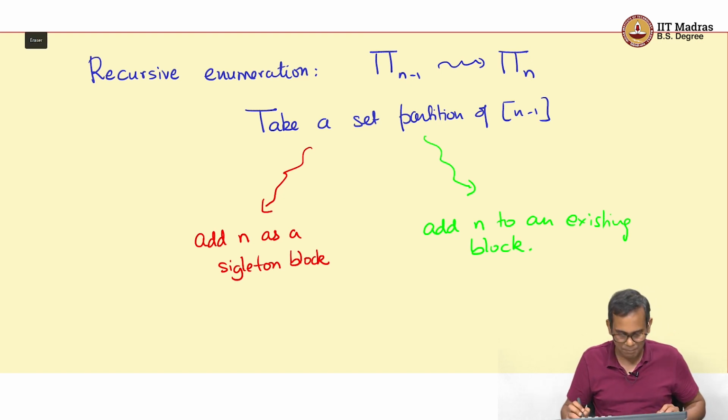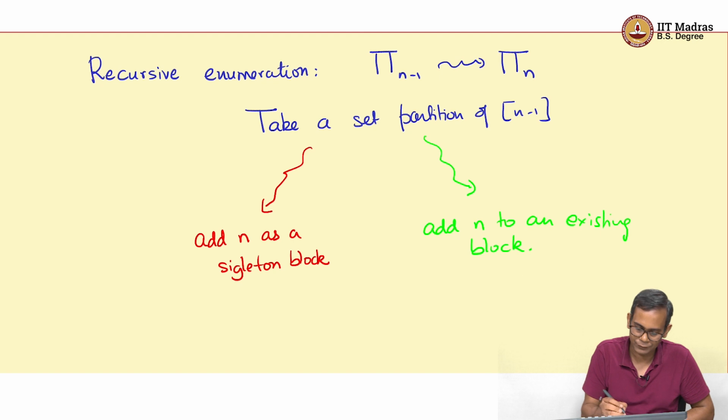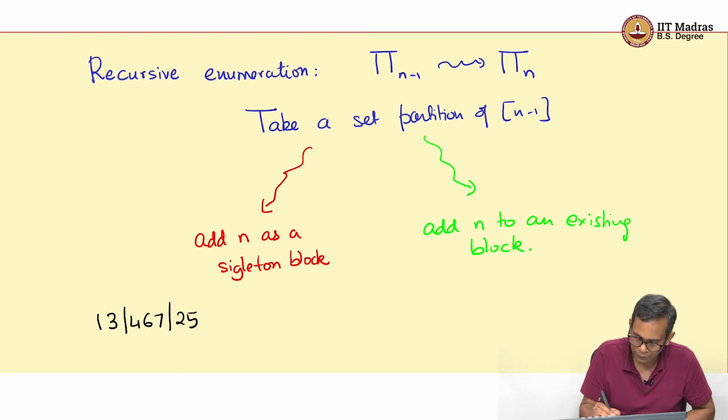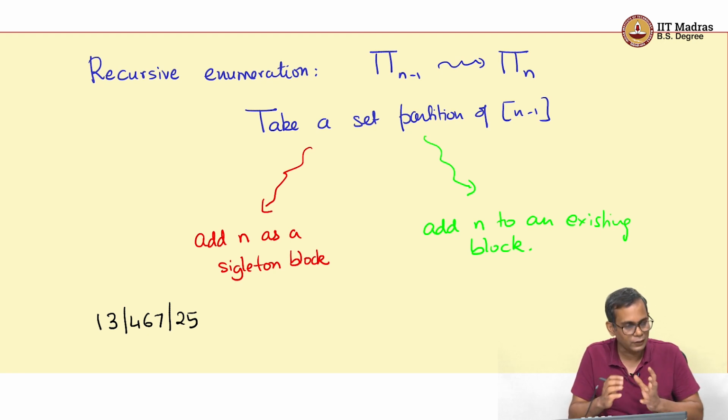So, in our example we had a set partition of 7, namely 1 3 4 6 7 2 5. So, let us look at this. Now, what are the set partitions of the set 1 to 8 that I can get from this? I have 2 options. I need to take 8 and somehow include it in the set partition.